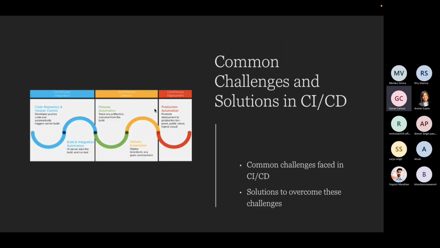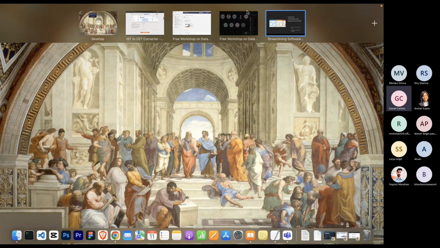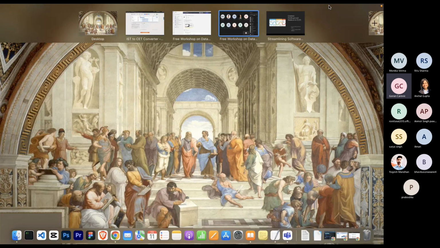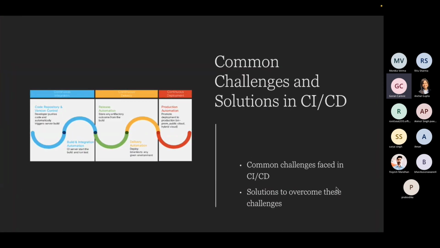Now, common challenges and solutions in CI/CD. Some of the common challenges that you might face in CI/CD is basically the integration with legacy systems.